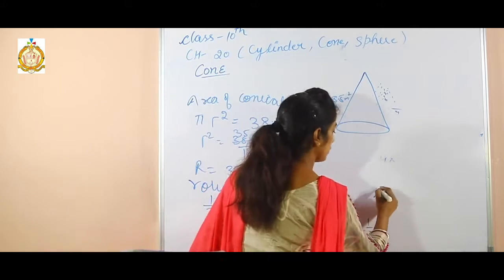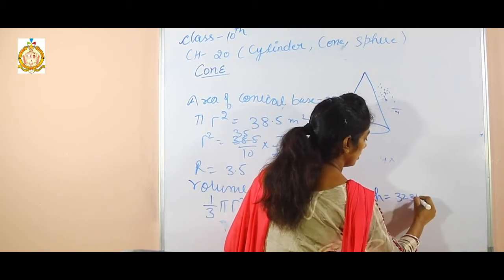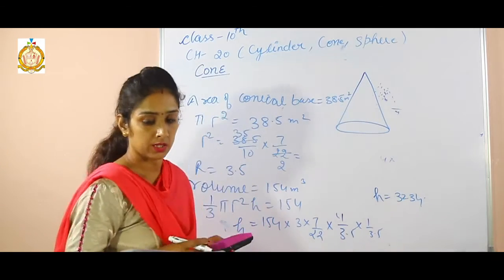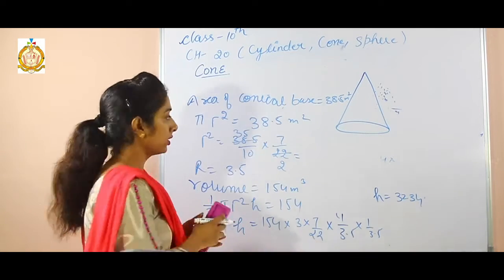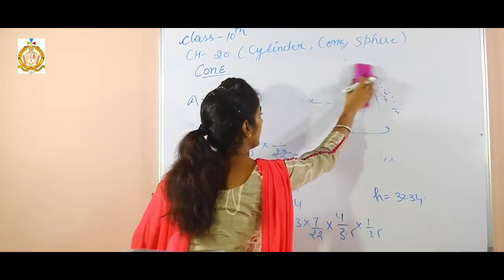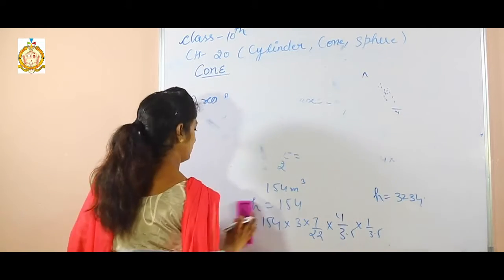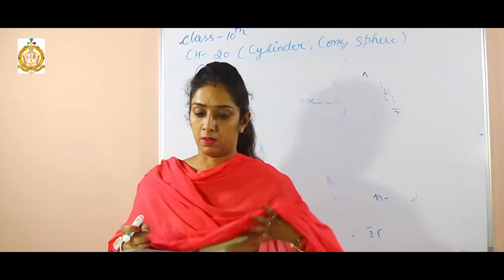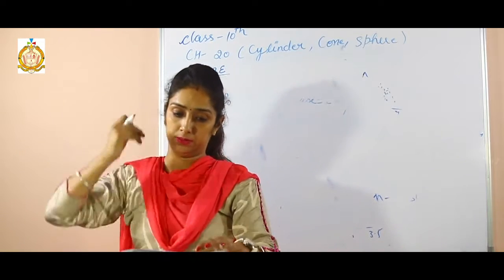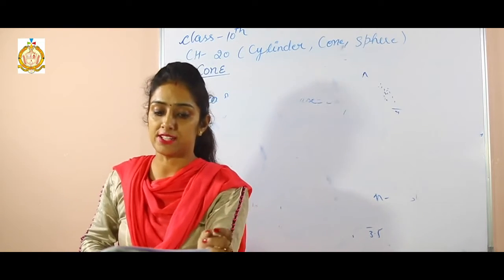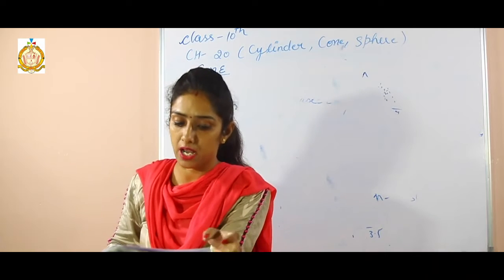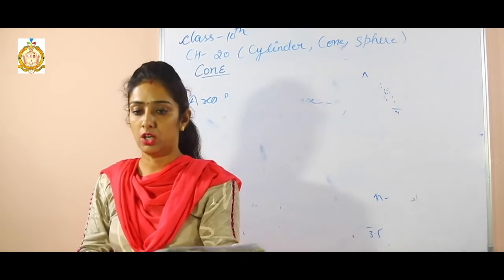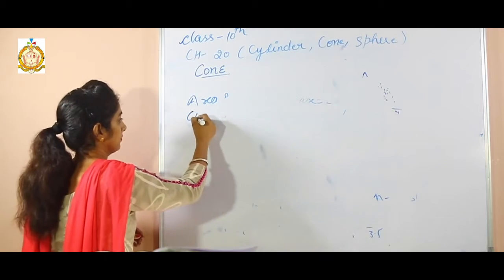After solving it you get h, that is 12 meter. Now we have to find the slant height and the curved surface area. Now what is the curved surface area?